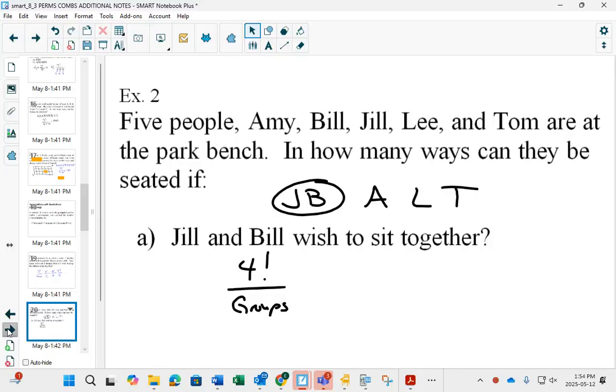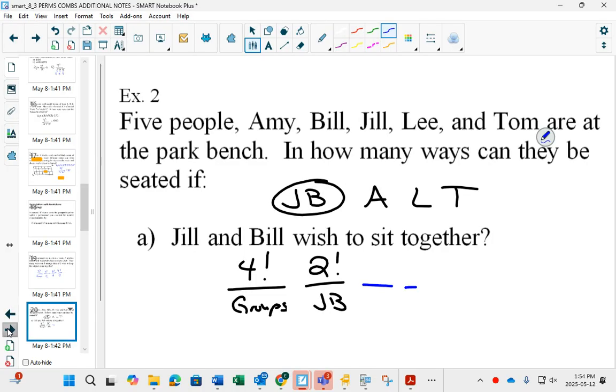But it's a grouping question, so then you look at each individual group and arrange them. Well, the Jill Bill could be the Jill Bill or the Bill Jill. So there would be 2 factorial ways you could arrange them. You would not have to do the other ones.